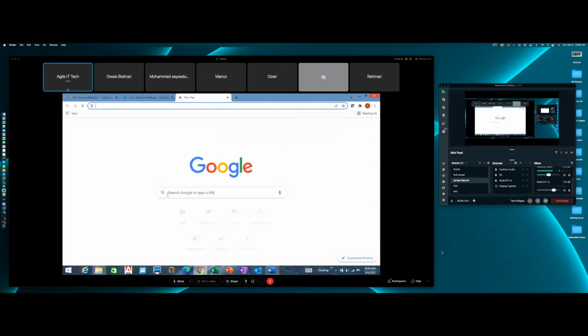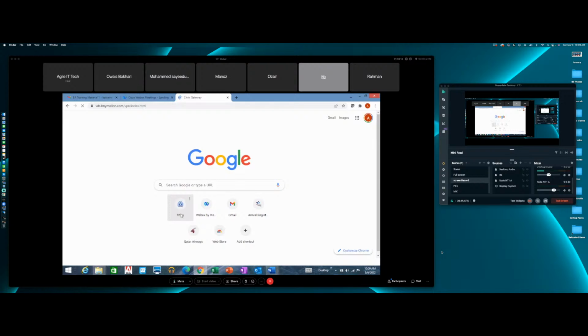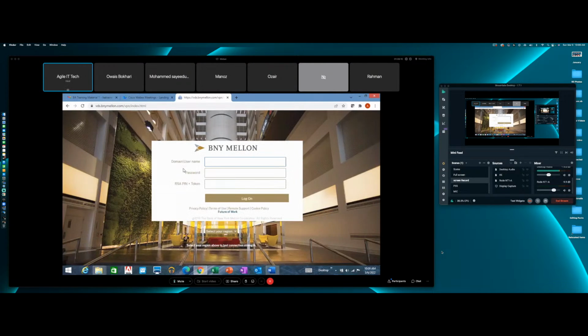So when I log in, mine is all this. I need to enter my domain, my username, my password, my RSA pin. This is the token pin and token. So I have to enter all three of these to get in. A lot of work.